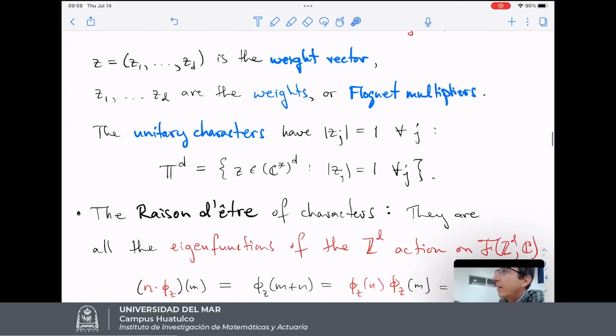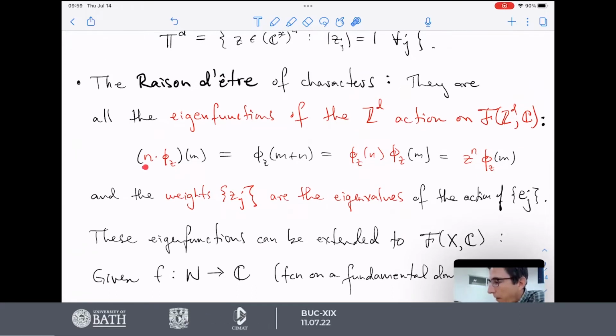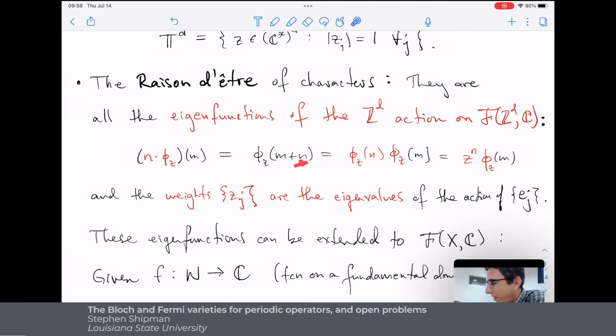It's a homomorphism. So when I act by shift on a homomorphism, what happens? I take the homomorphism and I shift by n. The homomorphism itself acts on integers, and then I shift the integer by n. Being a homomorphism, it pulls out the value of the character, which is z to the n.